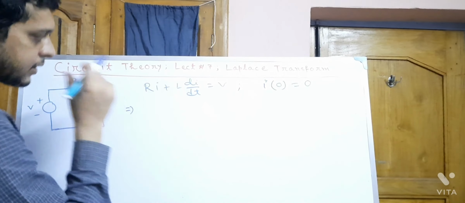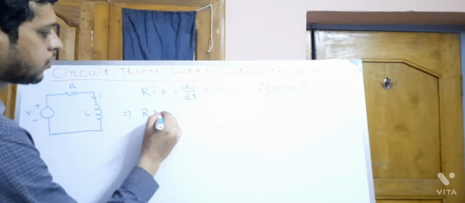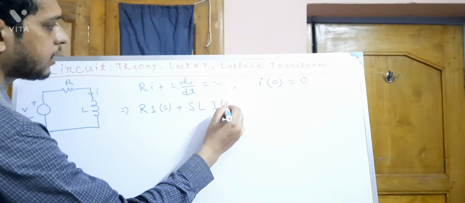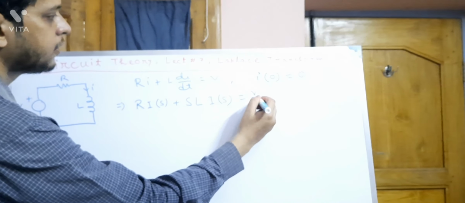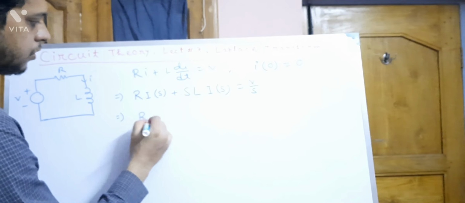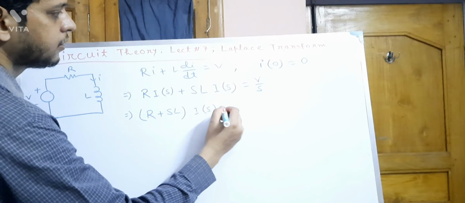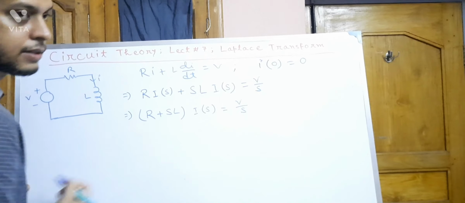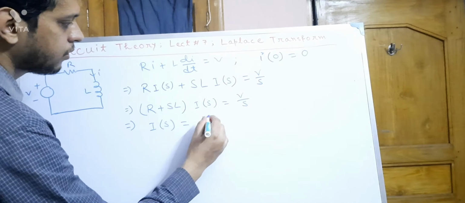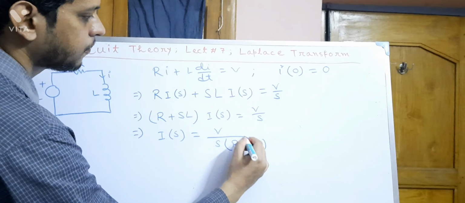Now let us take the Laplace transform of both the sides. So R into Is plus SL into Is equal to V by S. So R plus SL into Is equal to V by S. So Is equal to V by S into R plus SL.